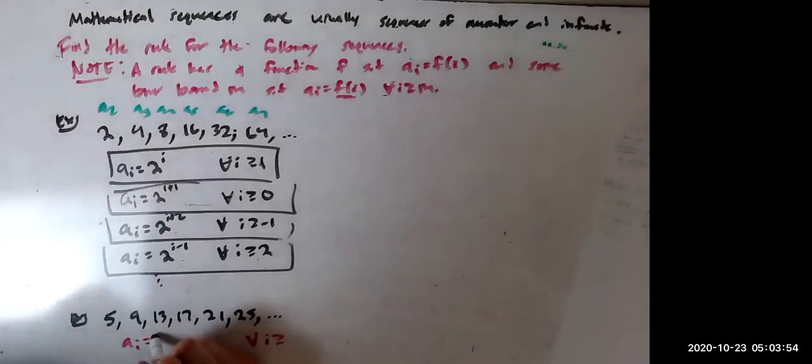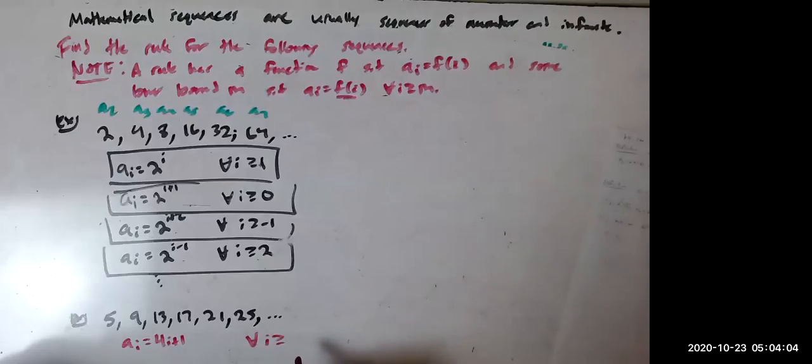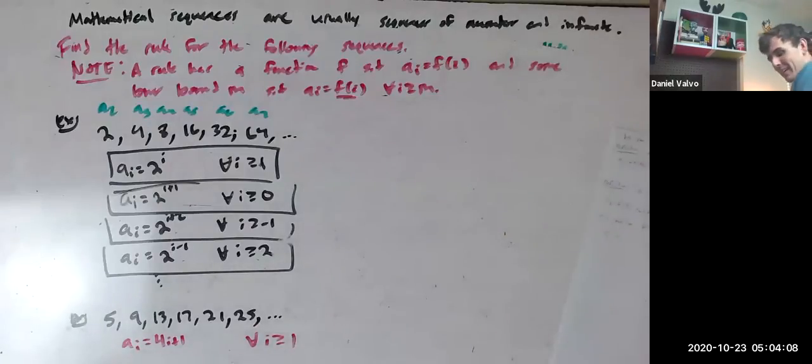Four i plus 1, for all i greater than or equal to 1. Yeah. Perfect. Like it a lot, right?